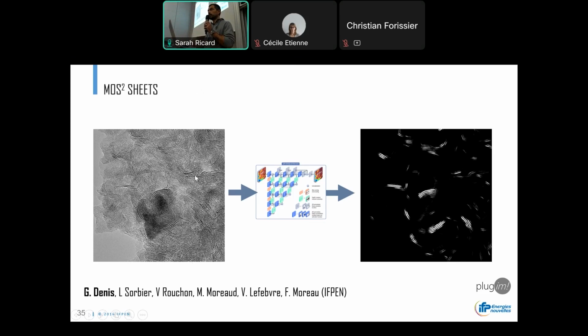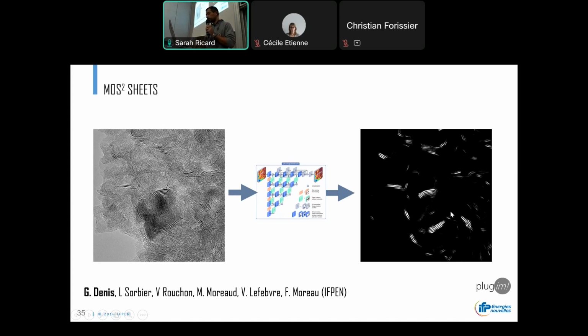These sheets are what we call the active phase in your catalyst. It's where the chemical reaction will take place if you use this kind of material. And we use a CNN to extract only the MoS2 sheets. So we only want to extract the active phase. This is the kind of result you can obtain with a CNN.